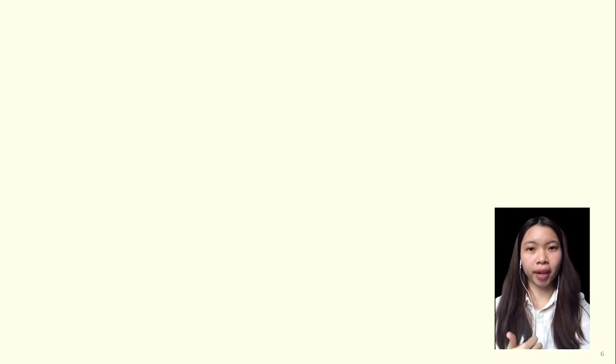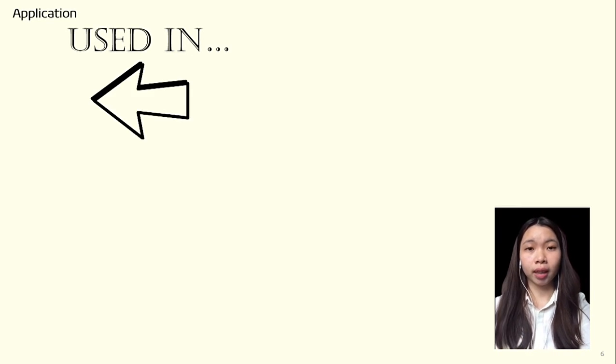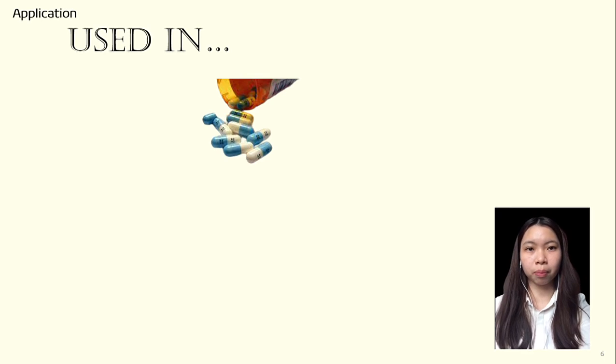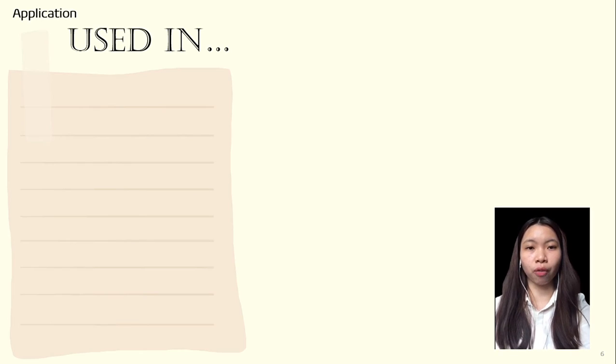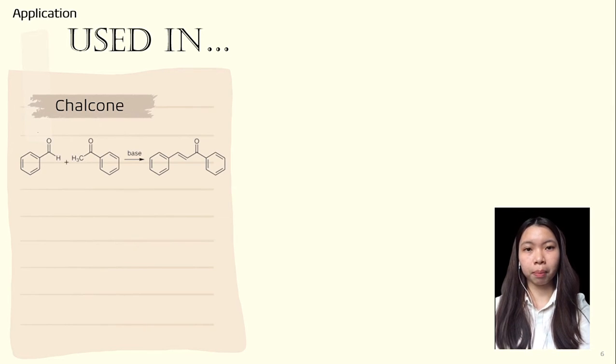Here I'm going to explain the application of aldol reactions. Besides carbonyl compounds used as perfume ingredients as in the previous slide, it is also involved in biological and pharmacological properties in the formation of compounds called chalcone, which is an aldol condensation between benzaldehyde and acetophenone in the presence of sodium hydroxide as a catalyst.